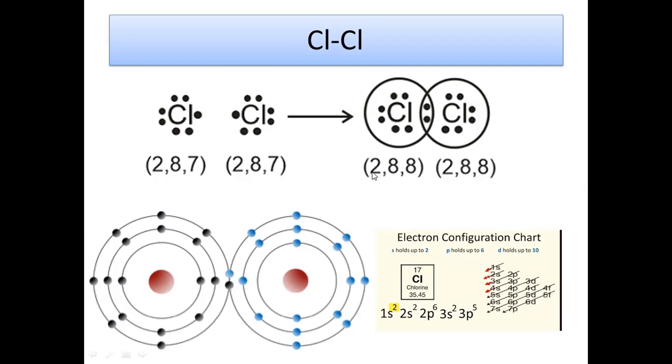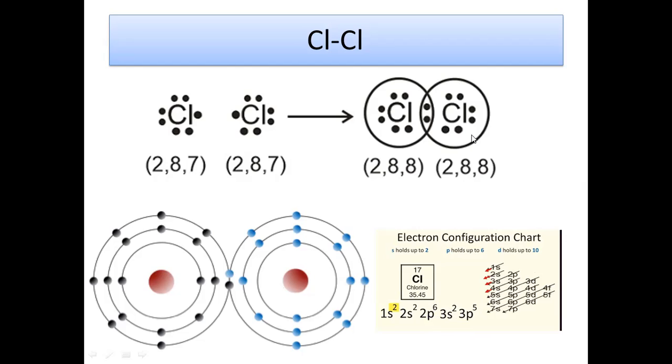Now the electronic configuration is, this is the first shell, this is the second shell, as given over here. First is 2, the second shell is 8, and now with the sharing of the electron by each chlorine atom, the valence electrons become 8.